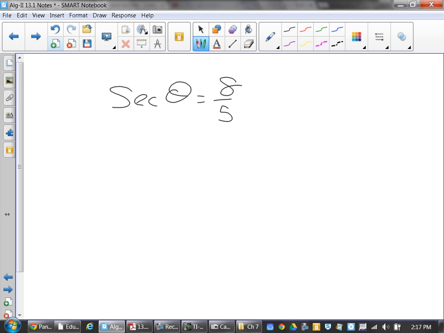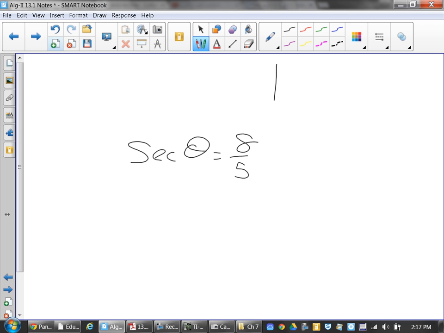Secant is what over what? The hypotenuse over adjacent. So what I would do is draw up a triangle, pick a theta, and label it. Knowing that this is my hypotenuse, this is my adjacent, could I figure out my opposite? What do you get?